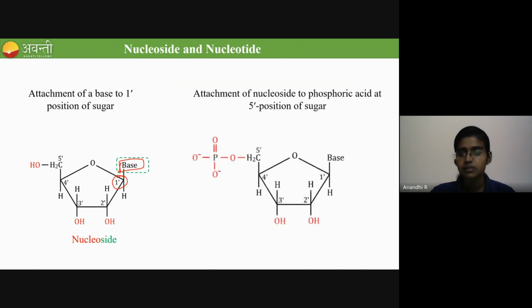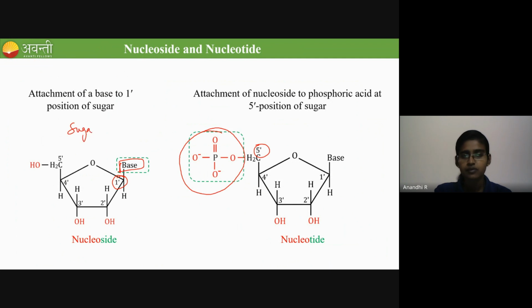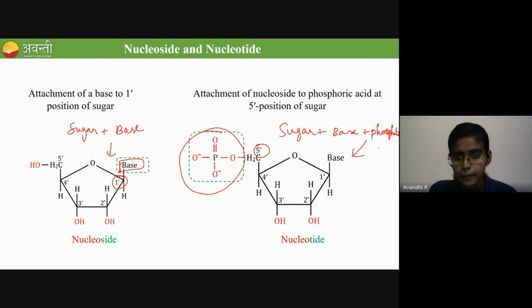If a system has sugar, base as well as a phosphate group attached to the 5' end of the sugar, it is called a nucleotide. Okay. So sugar plus base forms a nucleoside. Sugar plus base plus phosphate group is your nucleotide. Got it? Shall I go for the next slide?